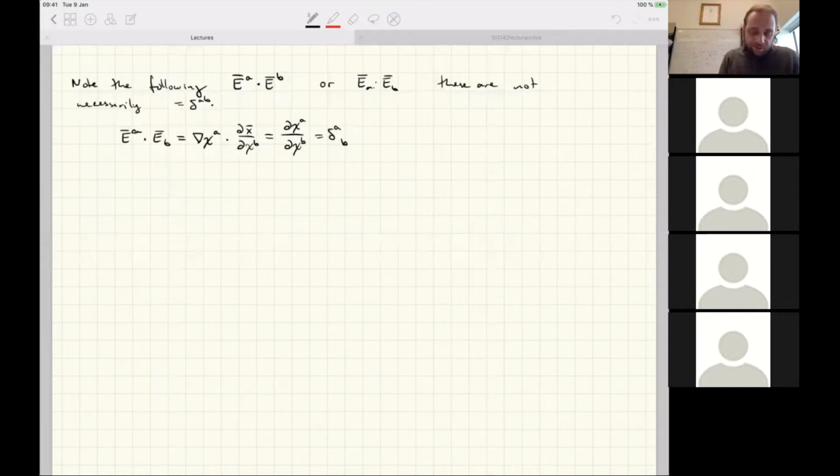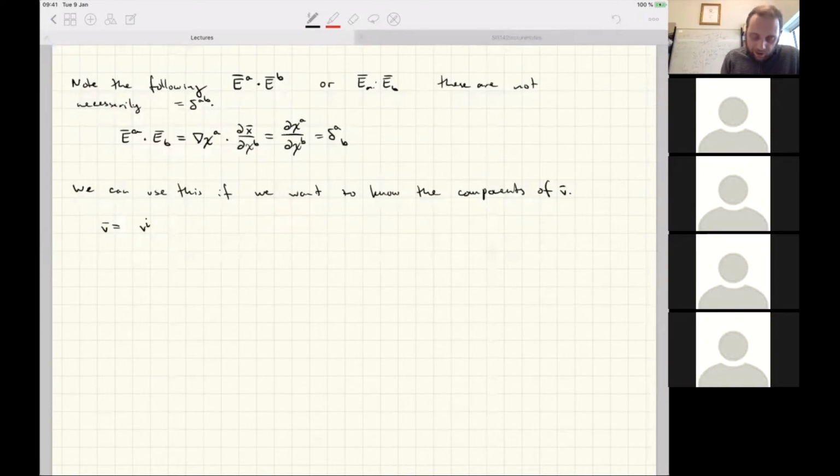And we can use this if we want to know the components of a vector v. For example, if I have a vector v, I know that this is equal to v^i E_i. If I want to know what this component is, I can multiply on both sides by this E^j.